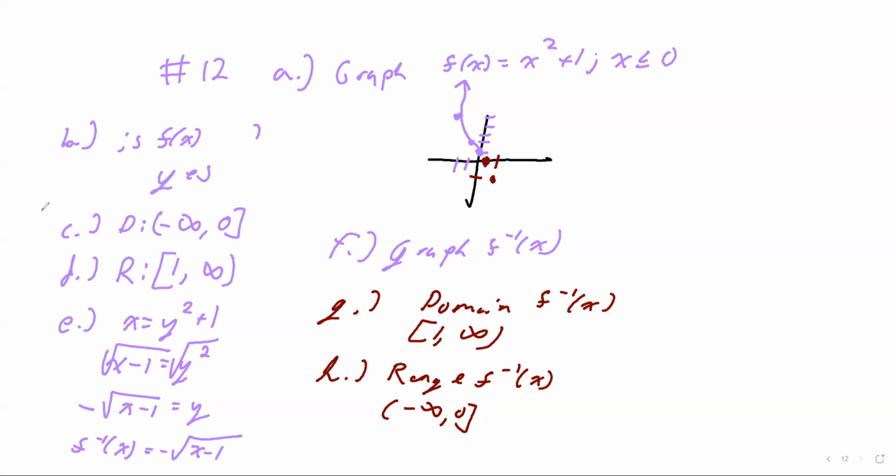So you can either take the original points and flip them or do the math. It doesn't matter. If I took this one, negative 2 comma 5, that means if I flip it, it would be 5 comma negative 2, giving me a graph that looks something like that. It's actually half of a hyperbola.